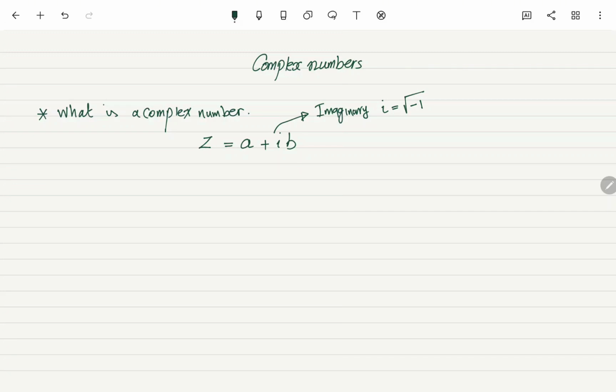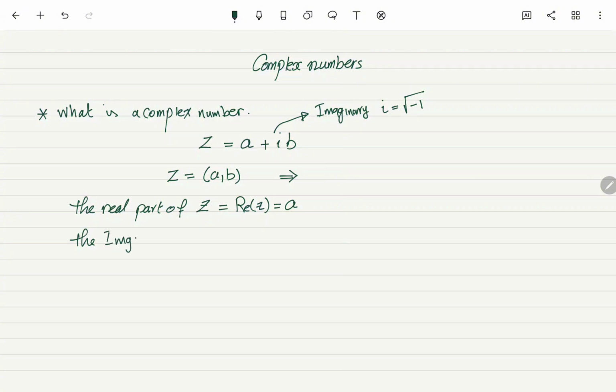Sometimes z can be written in such a way that the real part of z is equal to a and the imaginary part of z is equal to b.